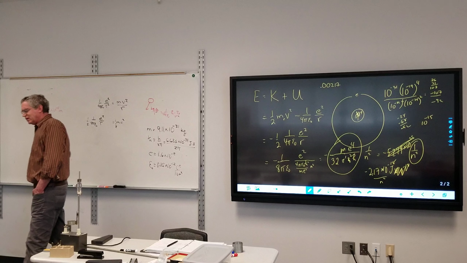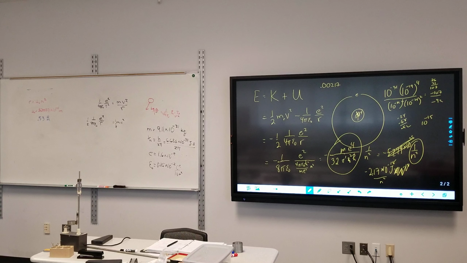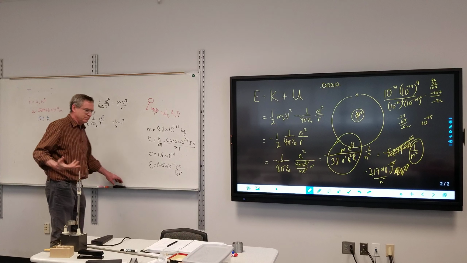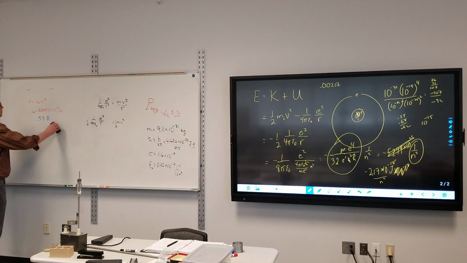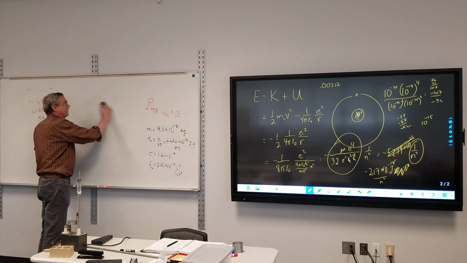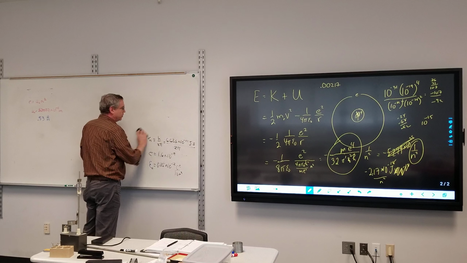Now, dealing with energy levels that small, typically you don't deal with joules, so you deal with something where you're not dealing with such huge exponents. So let's put it in terms of electron volts, which is another unit of energy.